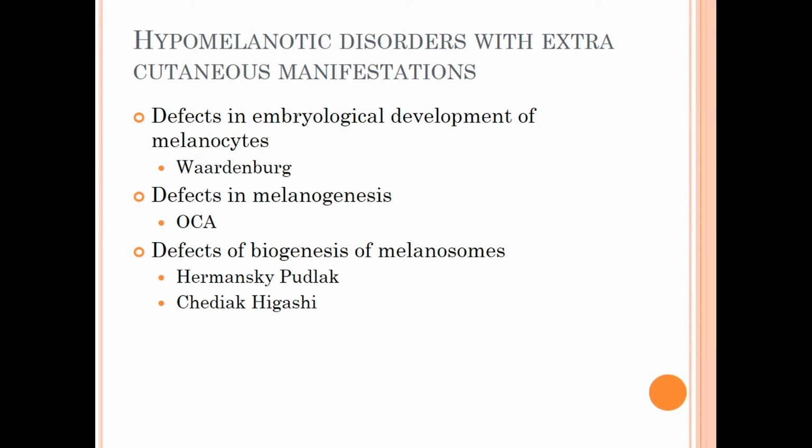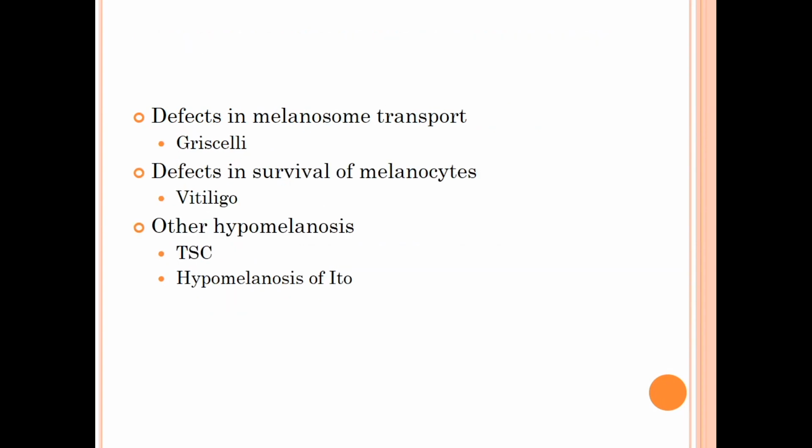Defects in biogenesis of the melanosome: the melanosome organelle formation is defective in Hermansky-Pudlak syndrome and Chediak-Higashi syndrome. And defects in melanosome transfer, related to the already mentioned three proteins that attach the melanosome to the actin filament, are defective in Griscelli syndromes, three types.